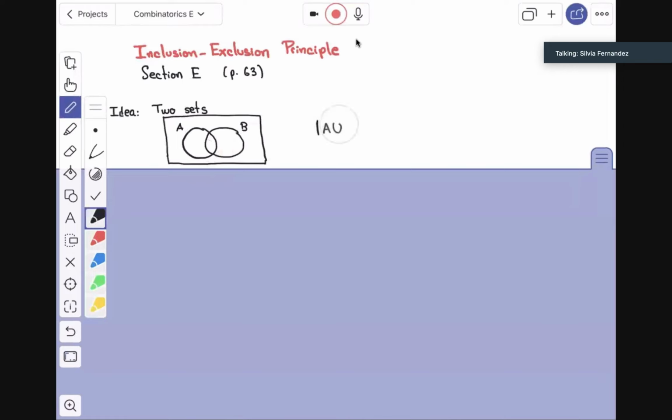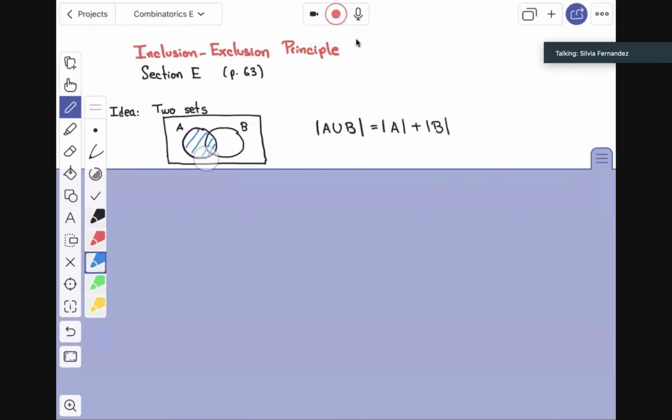If you want to know what's in A union B, then you can take how many elements are in the union. You can take how many elements in A, how many elements in B, but that means that when I add A, I'm looking at that region.